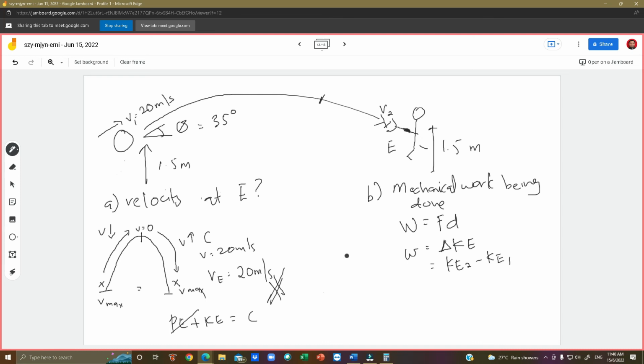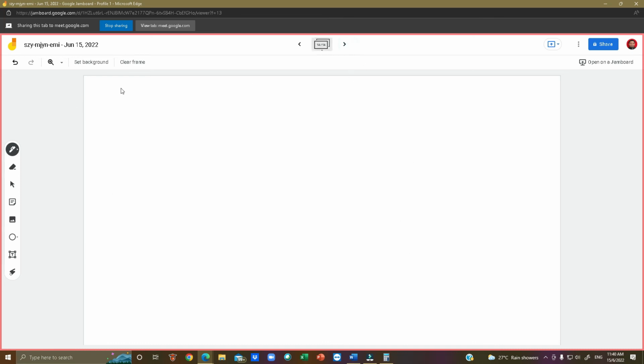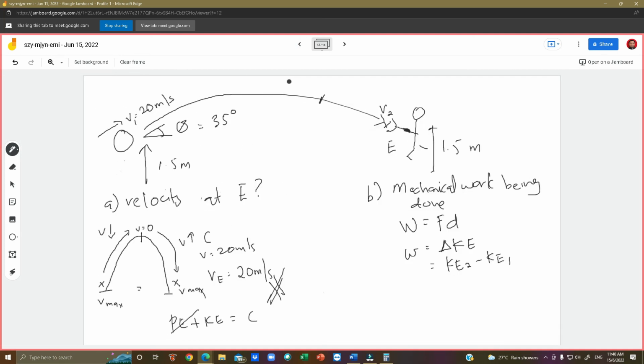Okay, work equals to change of KE, where we have half mv square 2 minus half mv square 1. So, velocity untuk KE final dengan initial sama kan? Dekat mana? Dekat soalan 1 ke? Kat soalan B. Dekat soalan B.